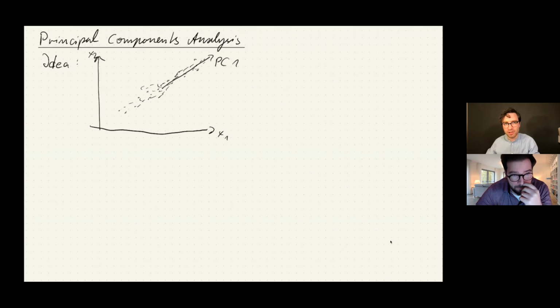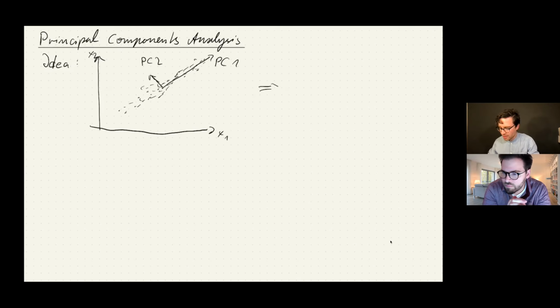Then the next principal component has to be orthogonal to PC1, and again point in the direction of maximum variability of the data. There's only one direction left here, the orthogonal direction, and that's PC2, principal component 2.